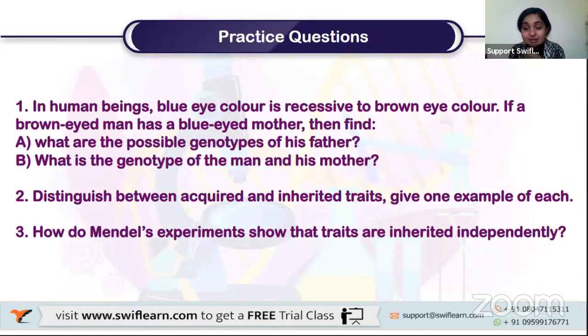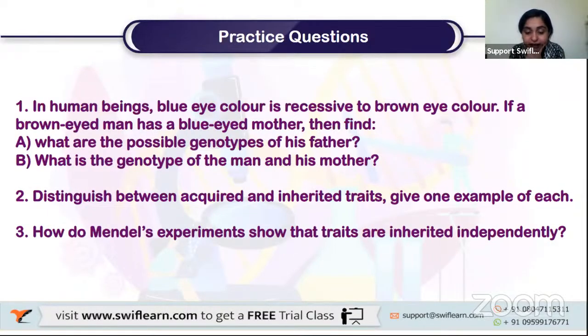I'll read the question again. In a human being, blue eye color is recessive to brown eye color, right? Blue eye color is always recessive to brown eye color. If a brown-eyed man has a blue-eyed mother, then find the possible genotypes of his father, right?